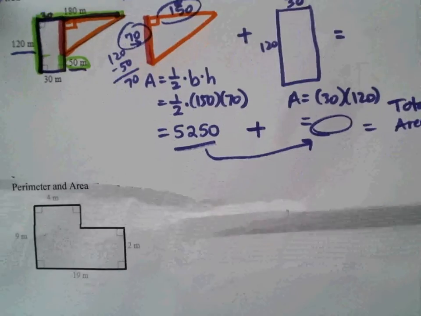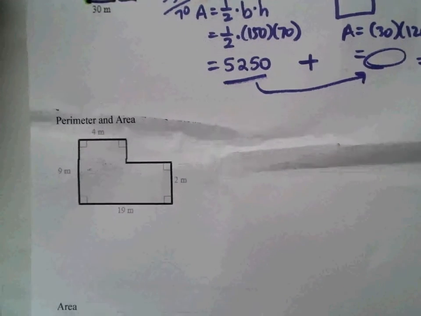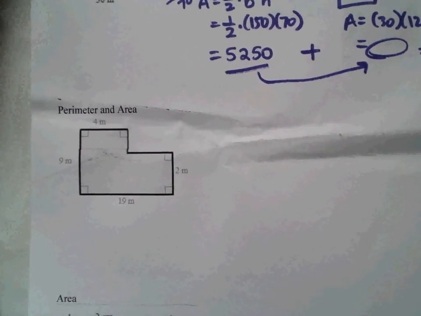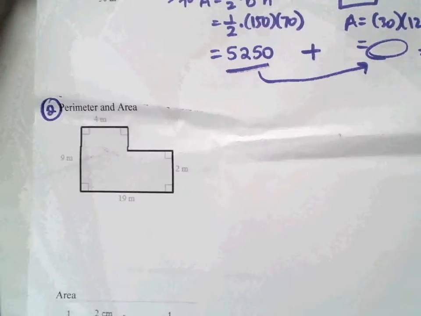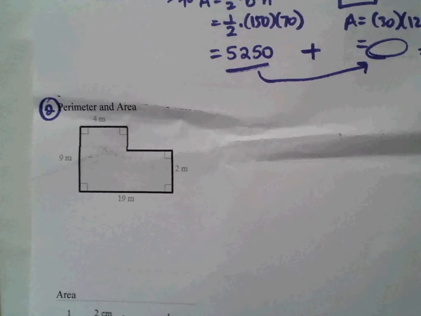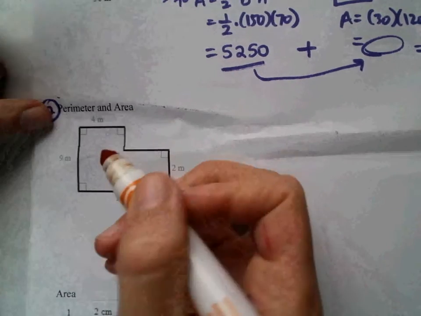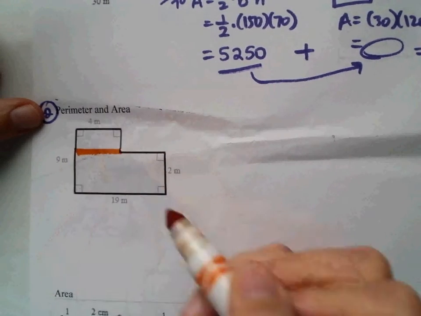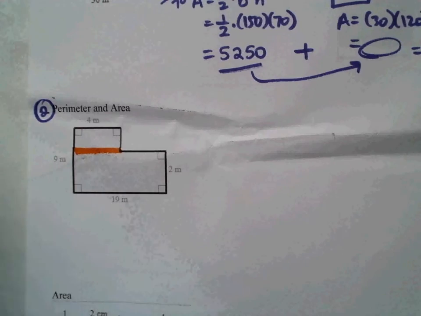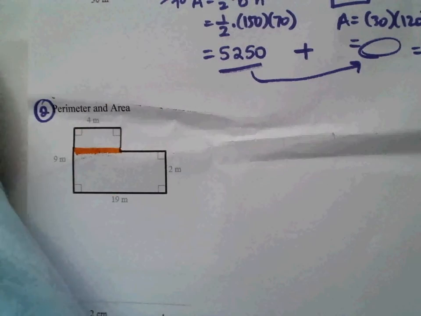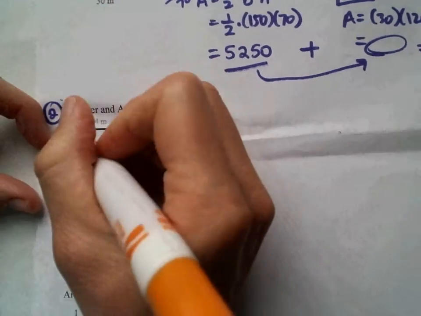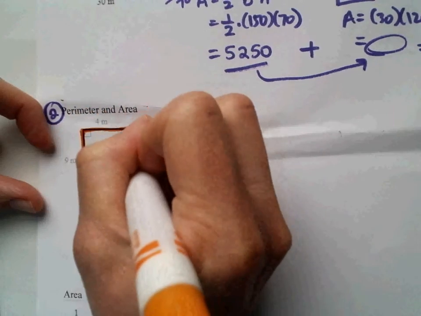All right, now the next one down here asks for perimeter and area. I think this is number 2 of the MathXL. So there are a couple different ways to do this one. I'm just going to model one way right now. I would cut it maybe right there. And when I cut it right there, I see an orange rectangle.